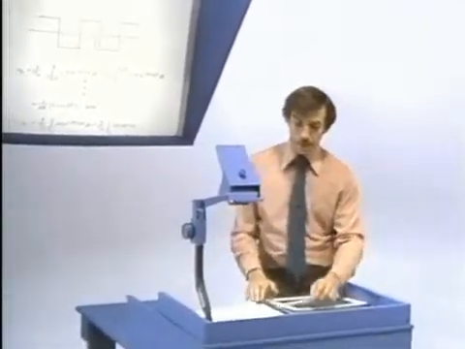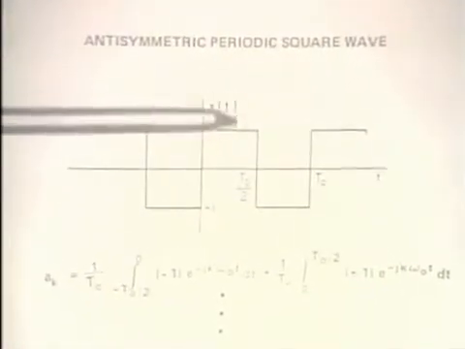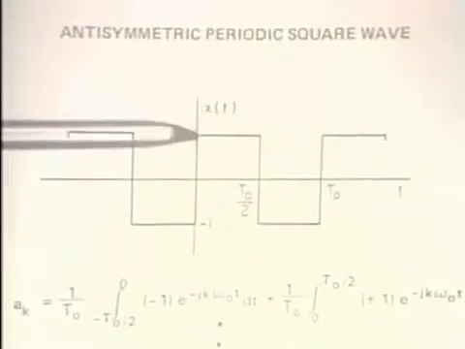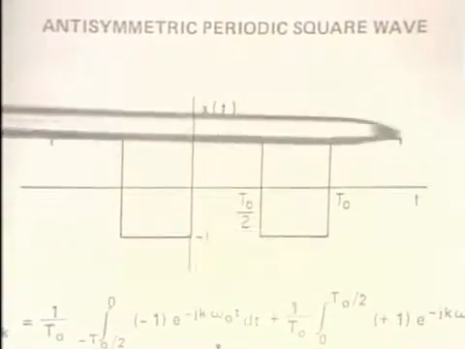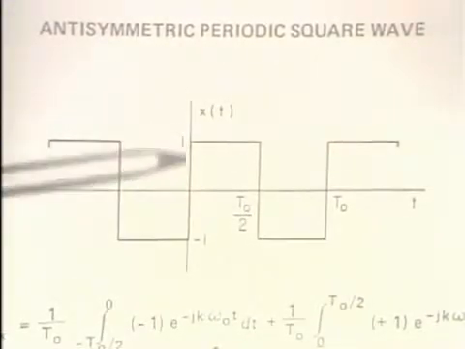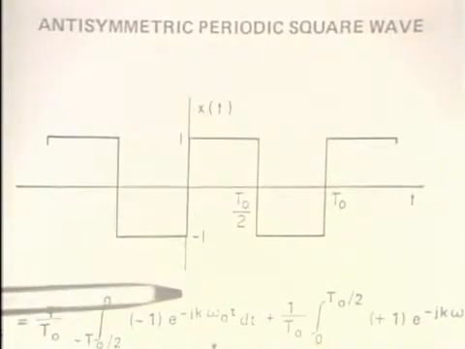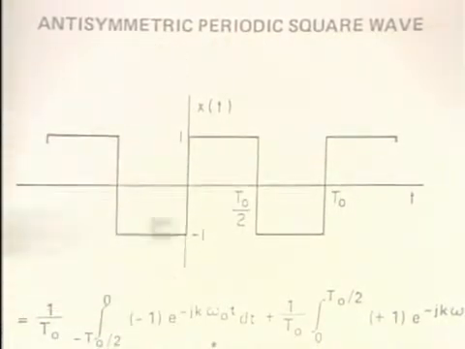So we'll begin with what I refer to as an antisymmetric periodic square wave. Periodic, of course, because we're talking about periodic signals, square wave referring to its shape, and antisymmetric referring to the fact that it is an odd time function.